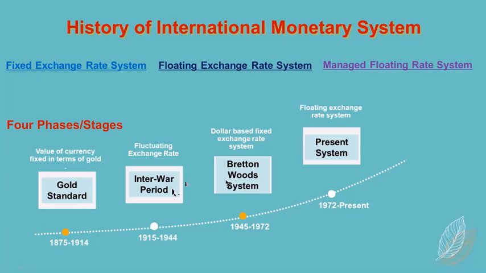All other currencies across the nations were pegged to the US dollar. The system collapsed by 1973, and we went back again to the fluctuating, or floating, exchange rate system. And today, countries like China, India, the US and many other nations all follow the managed floating rate system.